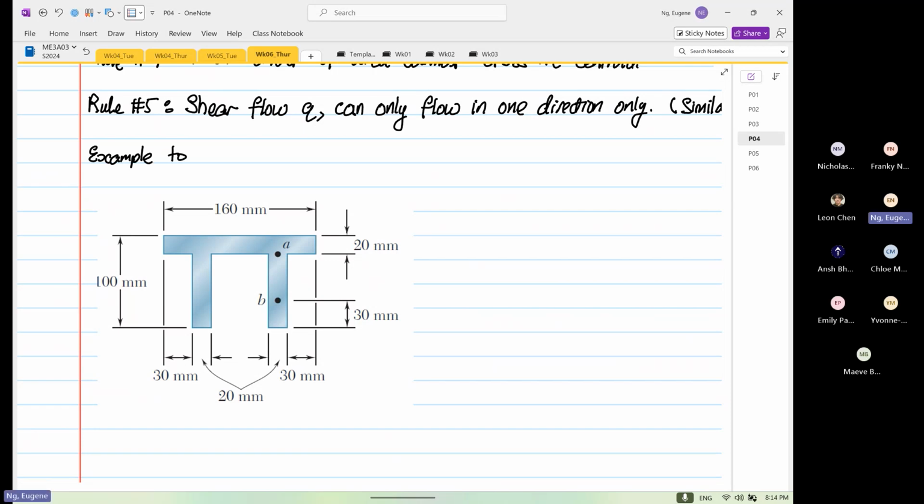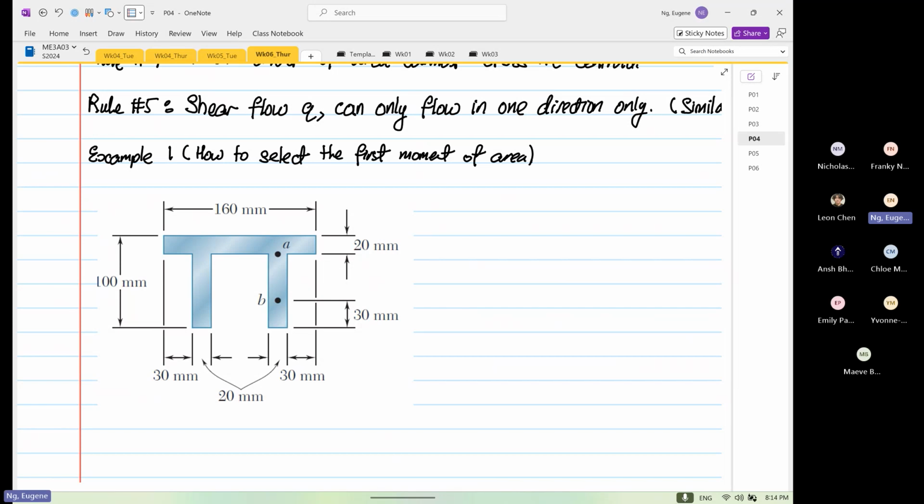In this example 1, the purpose is how to select the first moment of area.